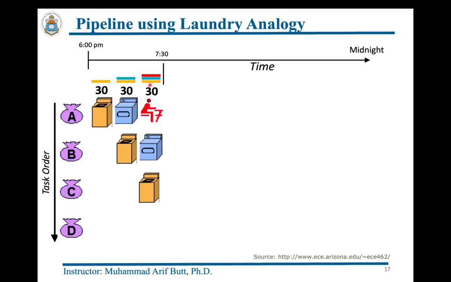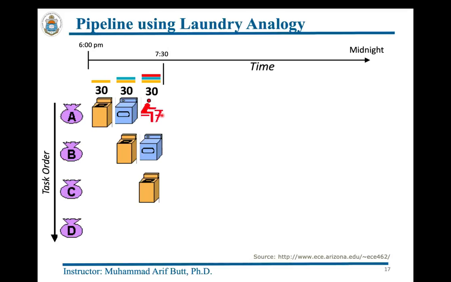Well, during this half an hour, during these 30 minutes, you can observe that all the three functional units of this laundry system are being utilized. And of course, task A gets completed at 7:30 p.m., which is the same time as in the non-pipeline laundry system as well.